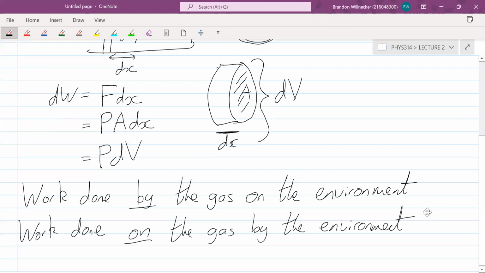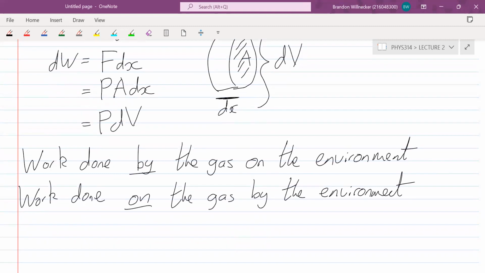It's just two ways of thinking about the same thing. The gas is pushing out on the environment, so the gas does work, or you pushing on the gas, so you do work. It's just a minor sign difference between the two. So we can say dW is plus or minus, depending on which way you want to think about things, P dV. And that depends on the change in volume there.